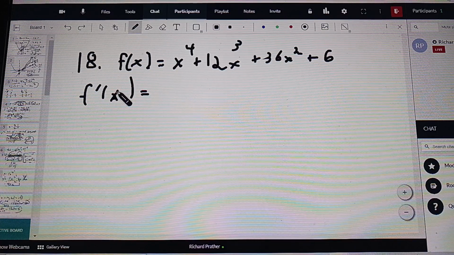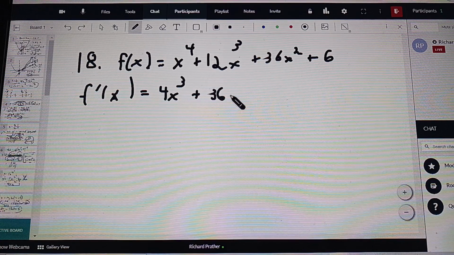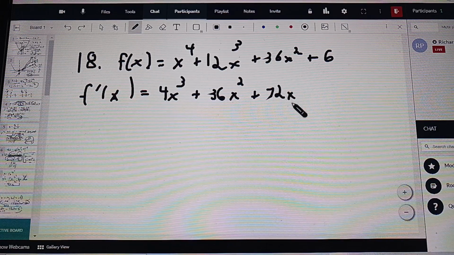This is a nice power rule, just term by term. 4 times 1 and decrease the exponent by 1, so that would be 4x to the third. 12 times 3 is 36, decrease the exponent by 1. 2 times 36 is 72x, and the derivative of 6 is nothing. So you find your first derivative.